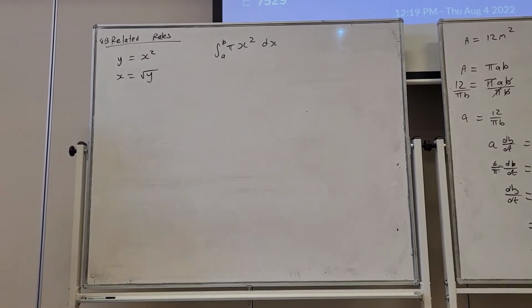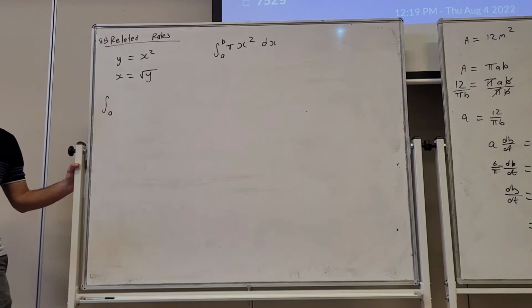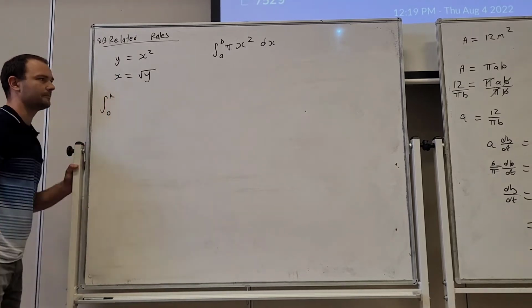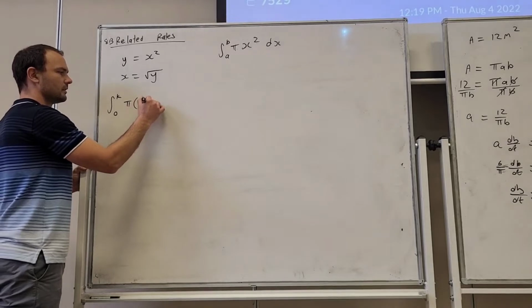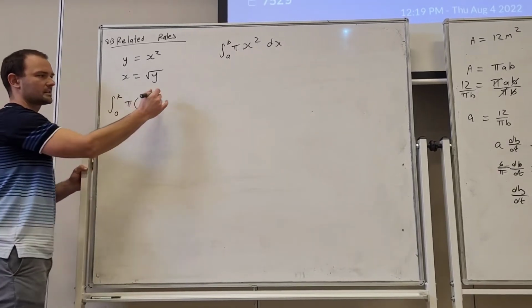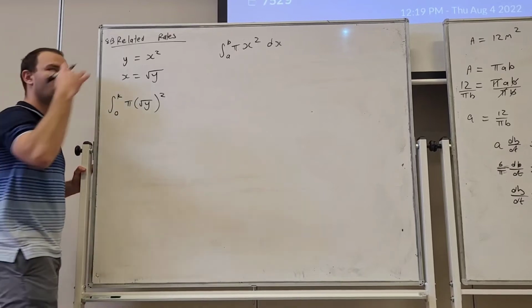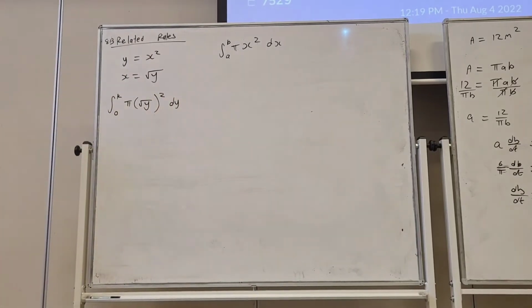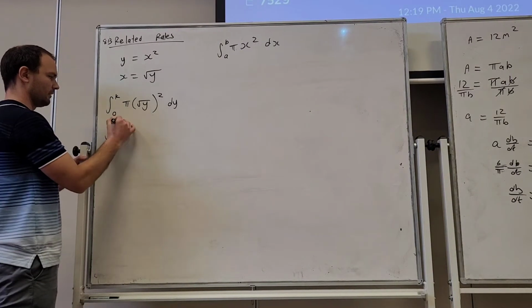Now, in this circumstance, we're filling it up from 0 to k. k is the highest that we're filling it up to. Pi times our function of x squared. And what are we integrating with regards to? y, dy. Okay, let's process this. So firstly, the square and the root cancel.